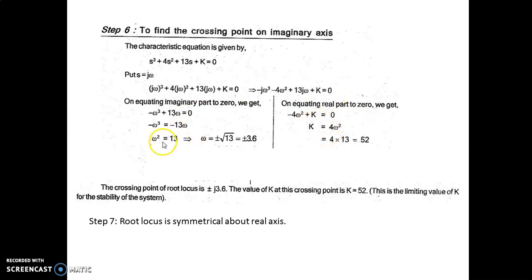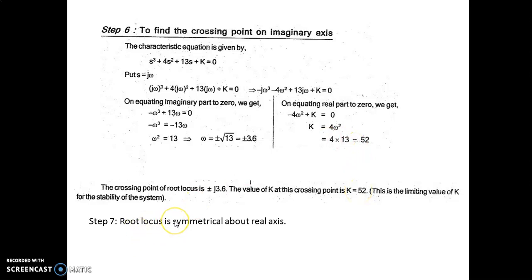You will get omega, and substituting this value in this expression, you will get k. So the imaginary axis crossing point is plus or minus j 3.6 and the corresponding gain k value is 52. This is the limiting value of gain for stability. If it crosses this value, the system is unstable.